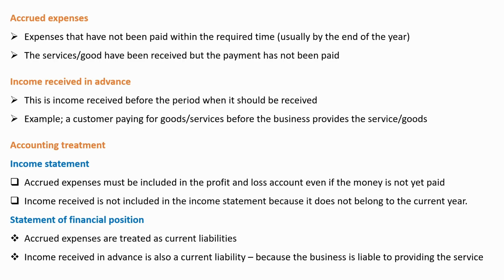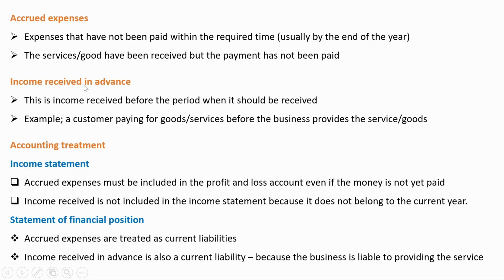So by the end of the year, we are going to call them accrued expenses. The services or goods have been received, but the payment has not been paid. For example, you have already used electricity for that month or for that year, but you have not paid for that electricity. So if you go to the next year without paying for the previous year's electricity expense, then it is going to be an accrued expense.